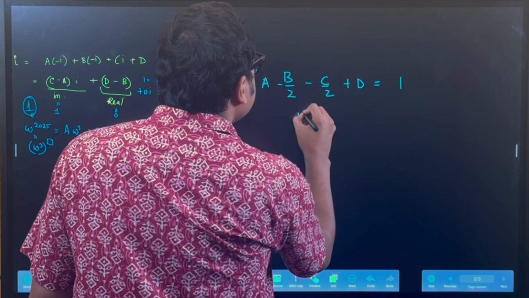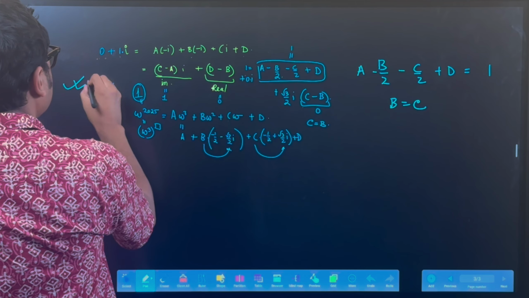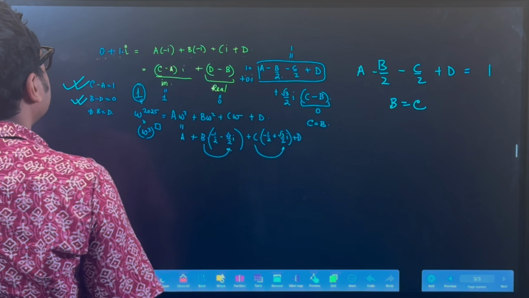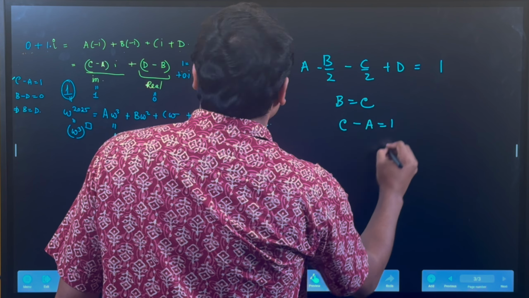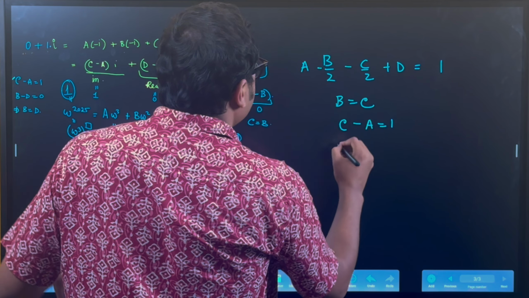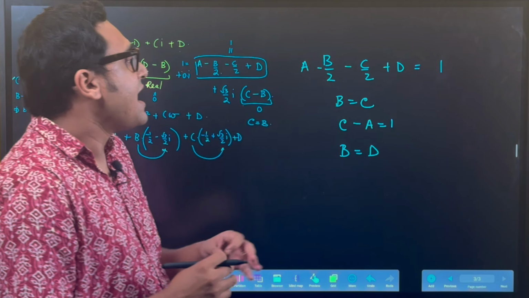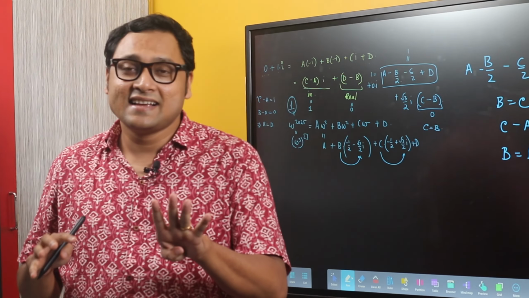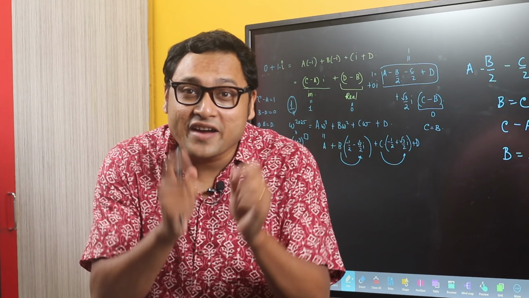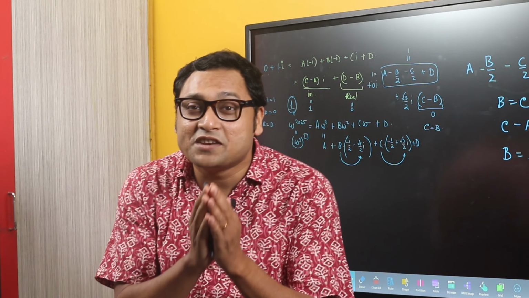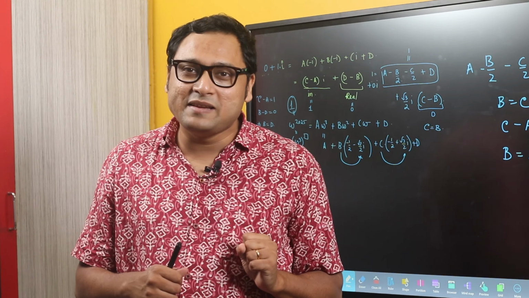We know B is equal to C. We know these two relationships as well: C minus A is 1 and B minus D is 0, or B equals D. You have 4 variables, 4 real numbers A, B, C, D, 4 coefficients that you did not know about, and you have 4 equations, so you can solve for A, B, C, D.